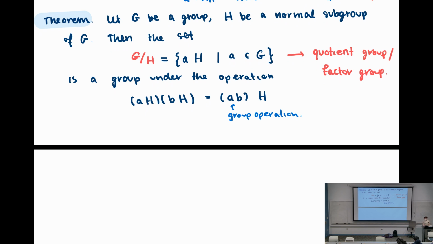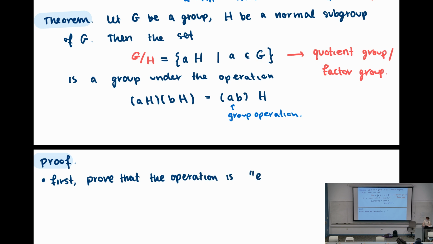Okay, so let's prove this. The first thing that we need to do is to prove that the operation makes sense. So we need to prove that the operation is well defined.